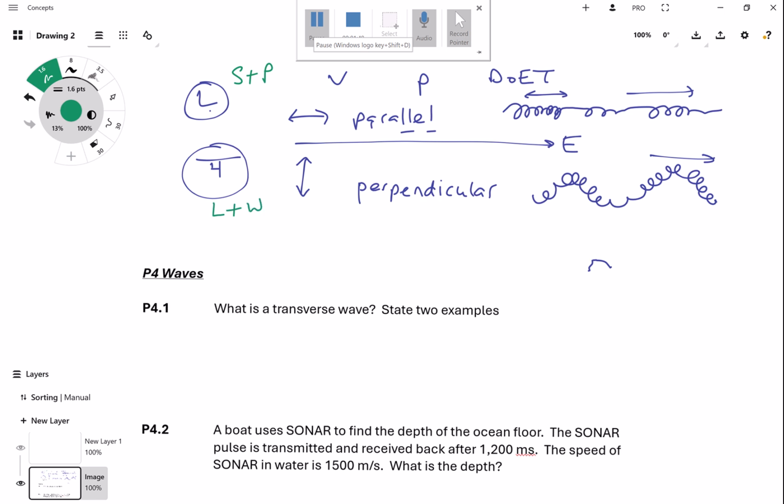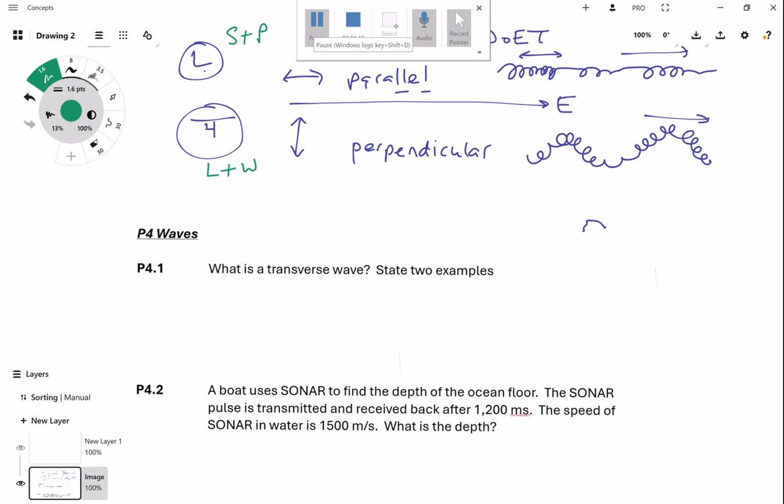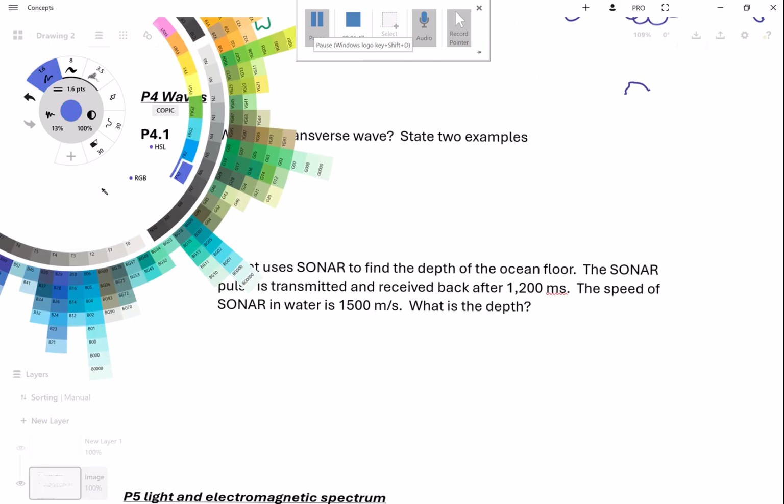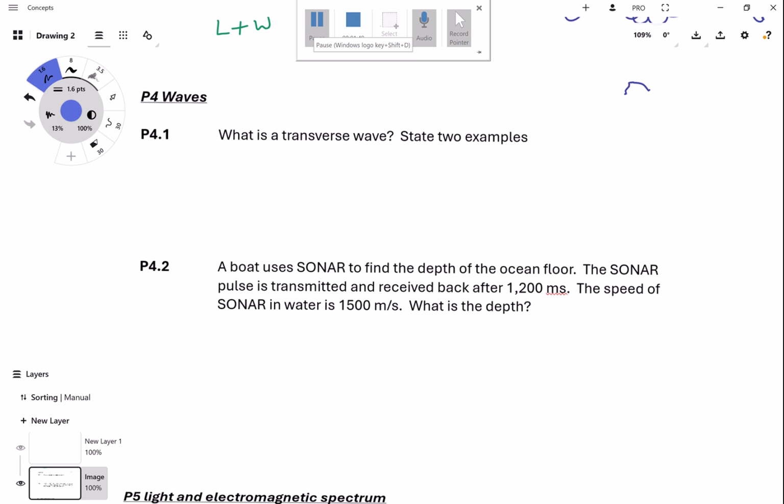So with that summary of the types of waves, we should be able to now answer this question. It says, what is a transverse wave?